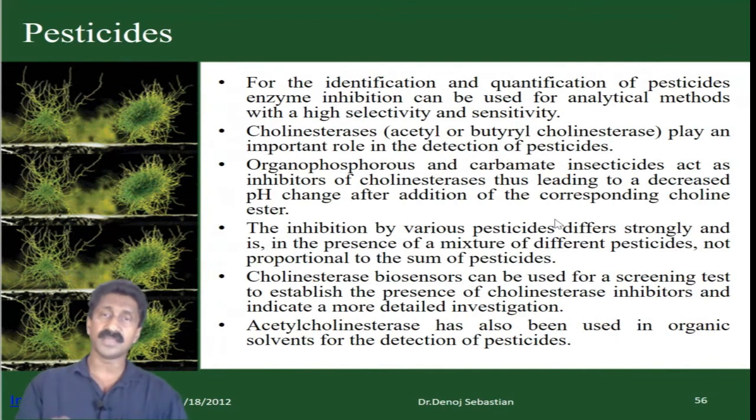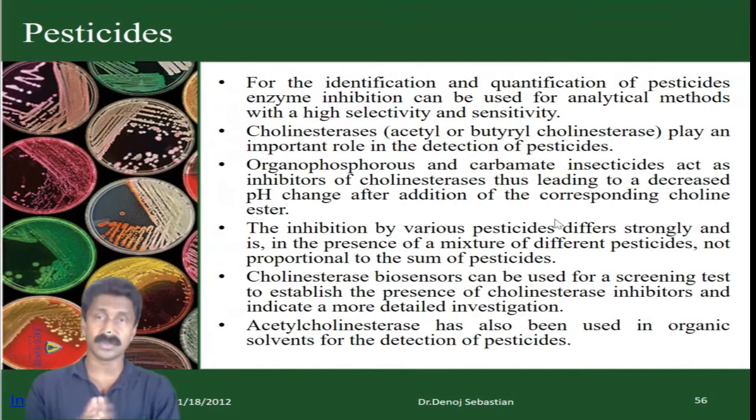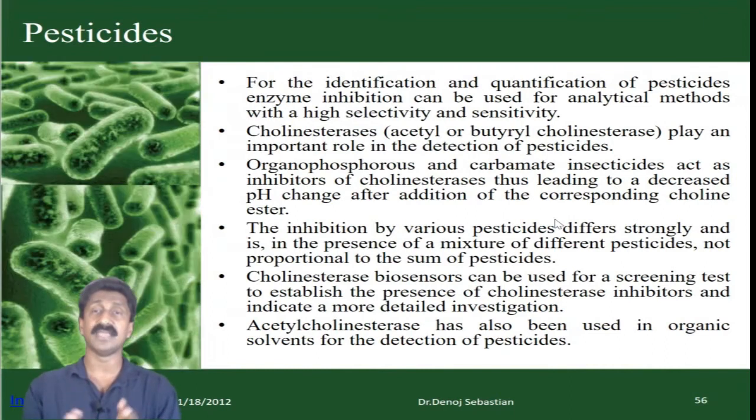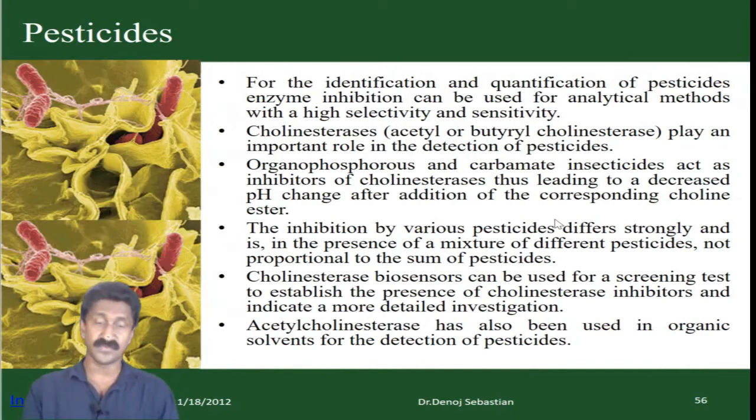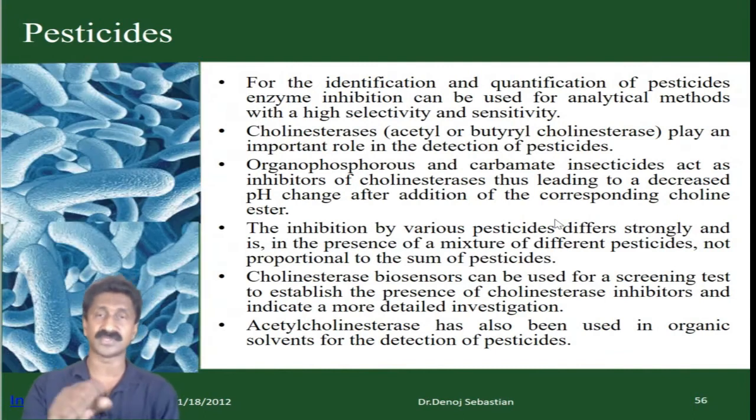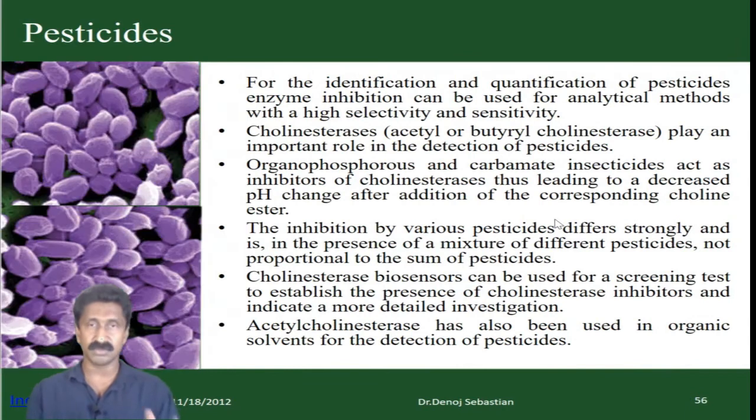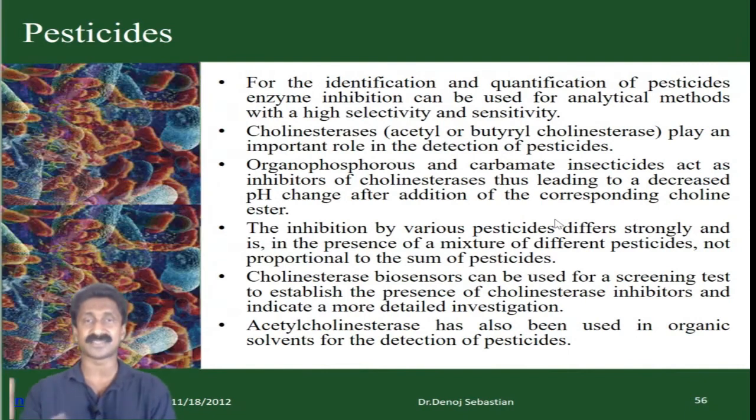The inhibition by various pesticides differs strongly, and in the presence of a mixture of different pesticides it is not proportional to the sum of the pesticides. If there is only a single test pesticide present in the system, it will give you a linear result. But normal environmental samples may contain a mixture of pesticides, so it won't give you a correct response.